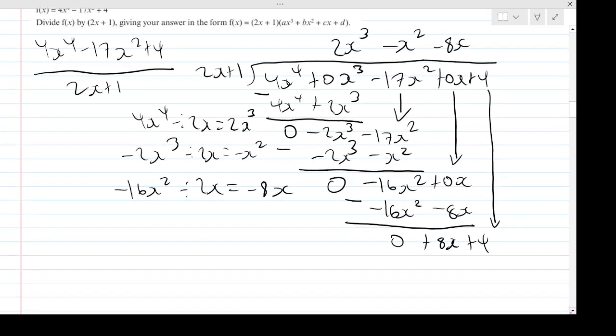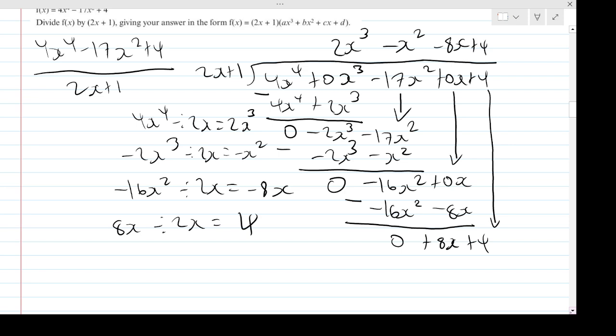Again, the highest term now is 8x. I divide 8x by the highest term outside, 2x again, which is simply 4. So I add 4 there.